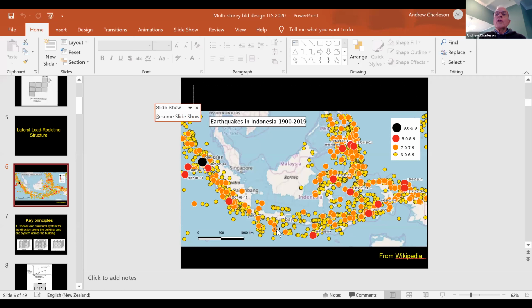Because you have mapped it. No, look, you can't really. You've got to go to the Indonesian code. Yeah, and in the Indonesian earthquake code, there is a far more accurate map. Oh, okay. The different zones.